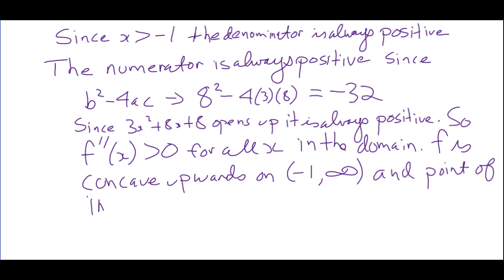Because to get a point of inflection, you need to change from concave up to concave down, or vice versa, and be continuous at that point. In the other example, we changed concave up to concave down, but it was at the asymptote.